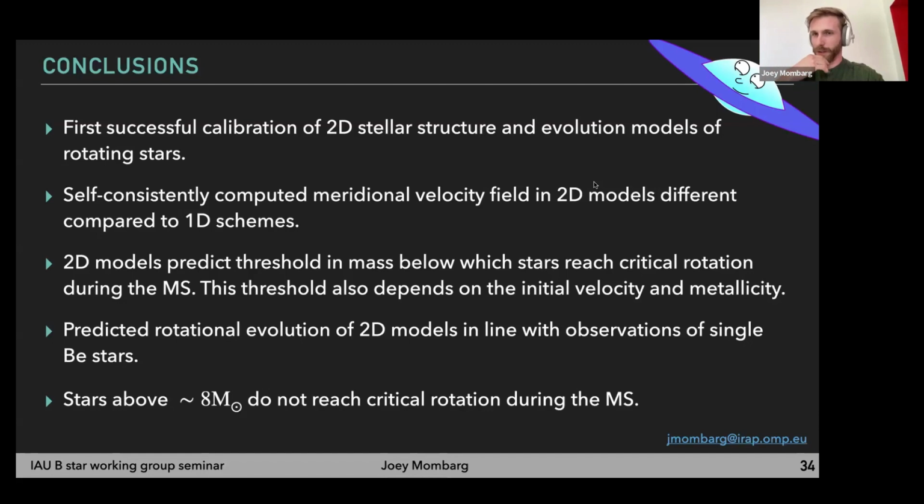There still need to be some improvements on the numerical aspect to do this, and, like I said, related to your first question, to include mass loss as well. That will also slightly change the evolution of the critical rotation rate over time.